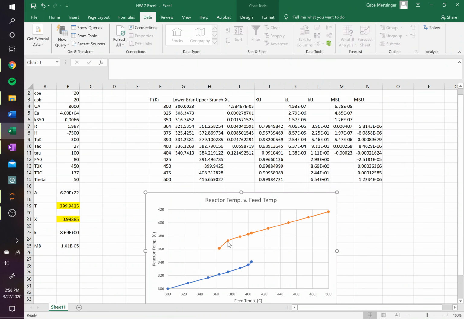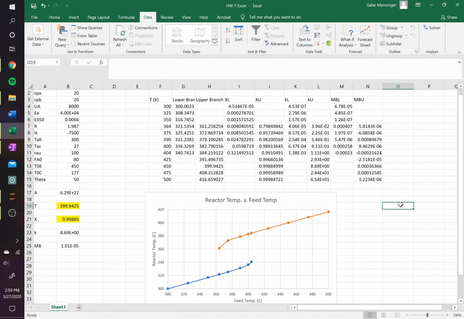Now you can see it starts to drop right there. It stays pretty linear, and then all of a sudden it drops. That's a pretty good indicator that we're at our extinction point. And then the same thing, pretty linear, and then all of a sudden it starts to shoot up. That's our ignition point. So hope that clears that one up.